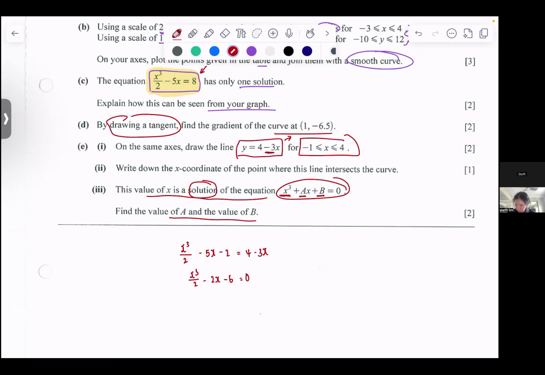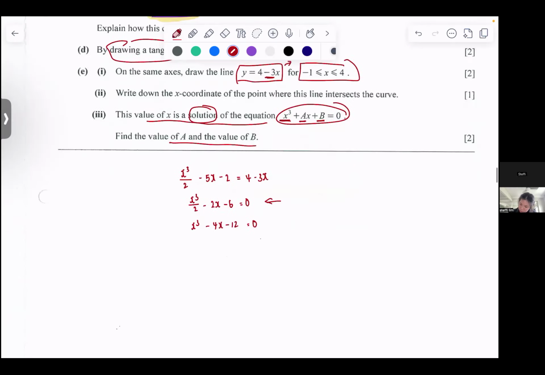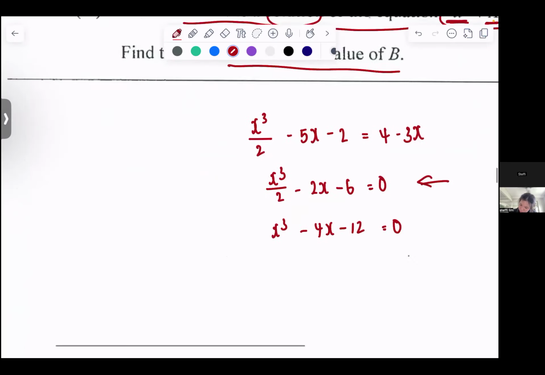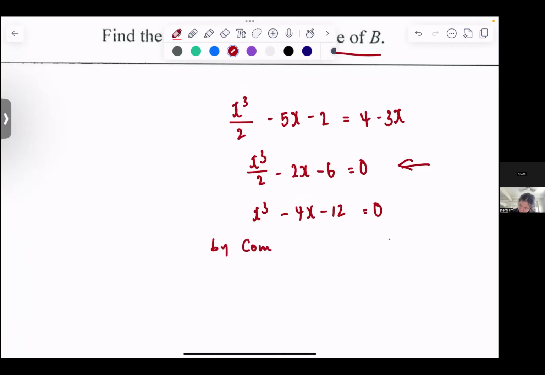Alright, so you multiply this entire equation by 2 to get rid of the half. You just get x cubed minus 4x minus 12. Okay, and then by comparison, you realize that a actually equals -4, b actually equals -12.